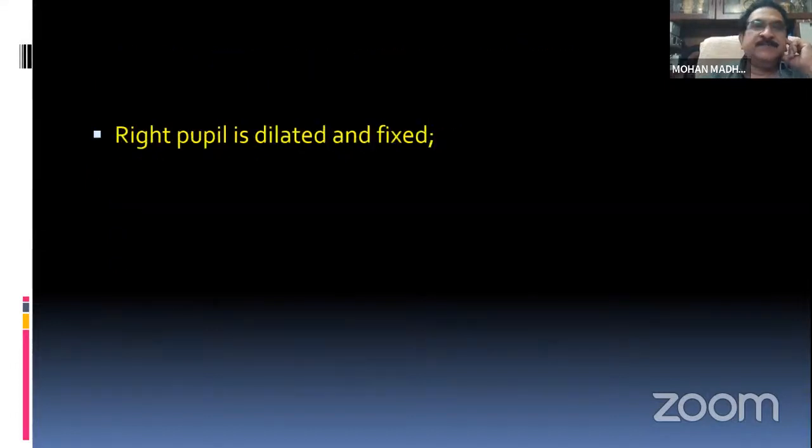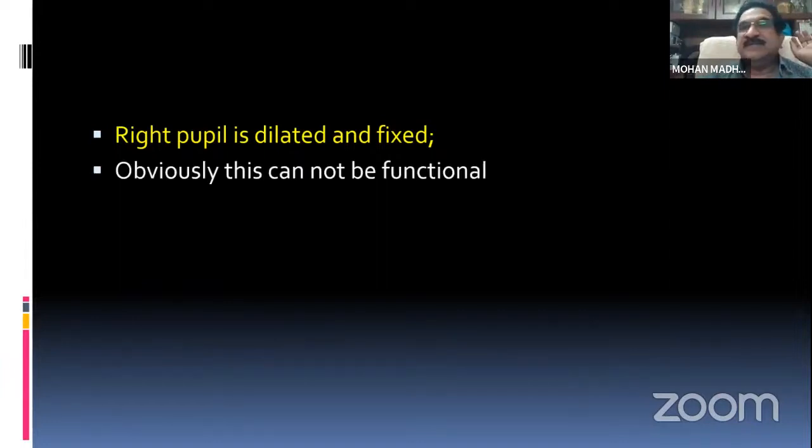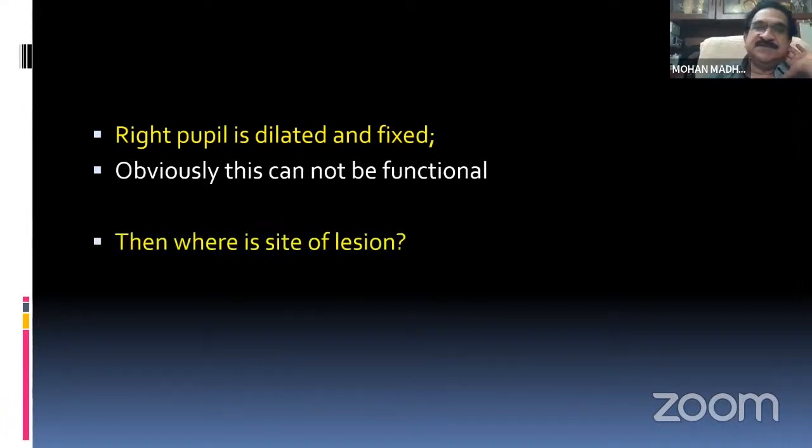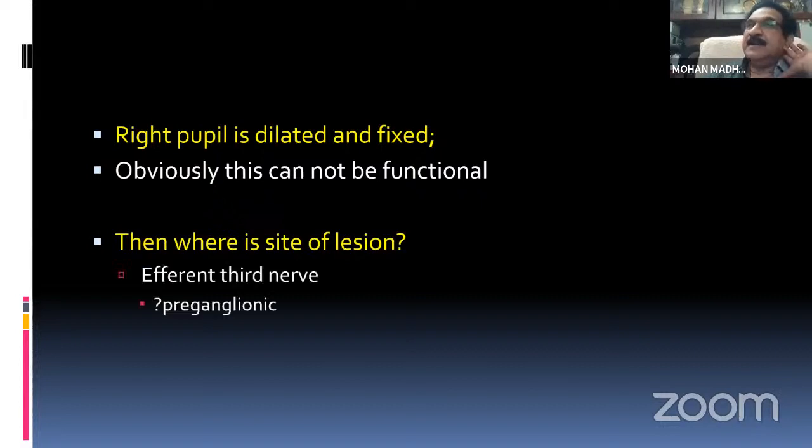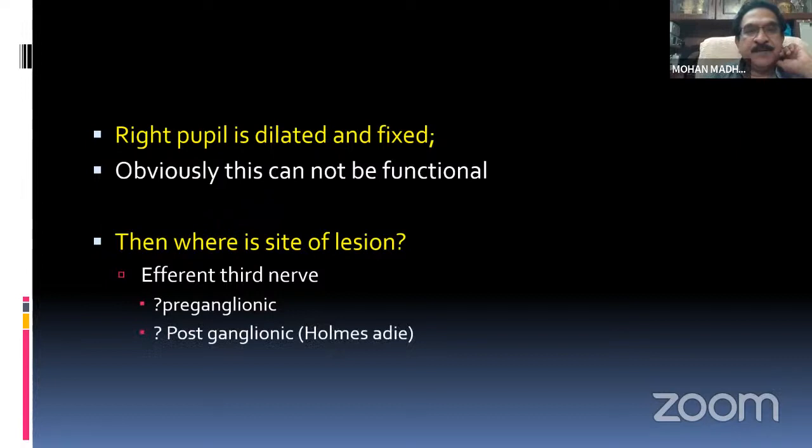Second point, the right pupil is dilated and fixed. That is definitely there, no doubt about it. So obviously this cannot be functional. Where is the site of lesion? It can be the efferent third nerve, which may be preganglionic, that is from the third nerve nucleus up to the ciliary ganglion, or postganglionic, or it may be in the muscle, or a pharmacological blockade.